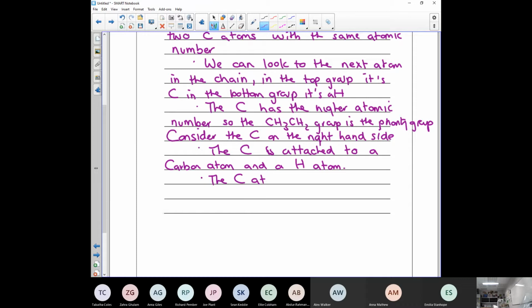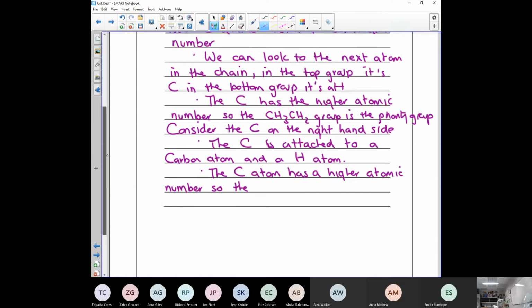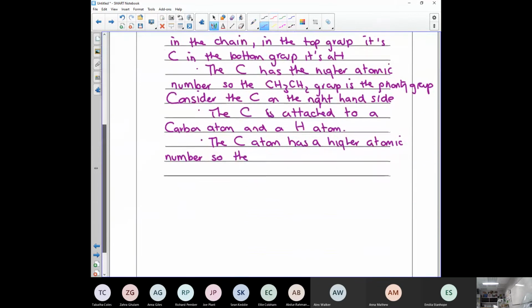The carbon atom has a higher atomic number, so just double check what group it is, CH2OH. CH2OH group is the priority group.